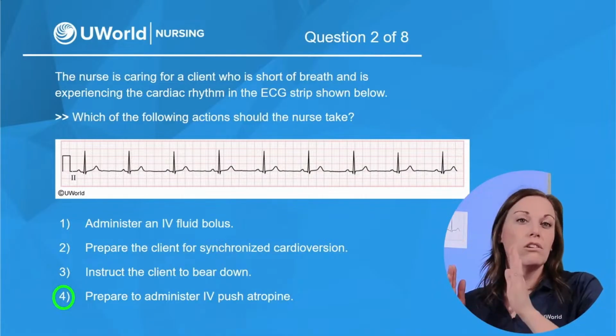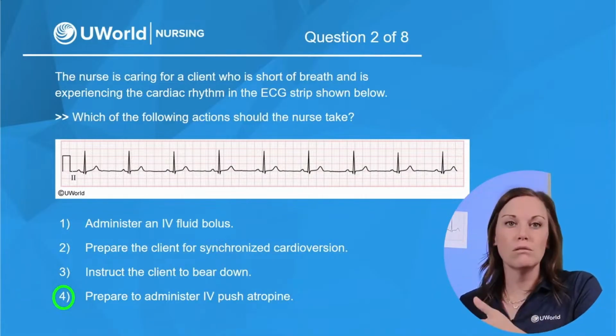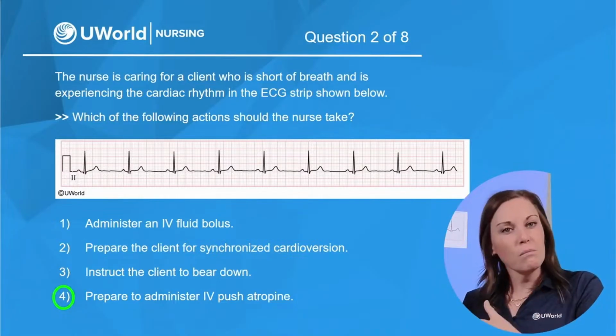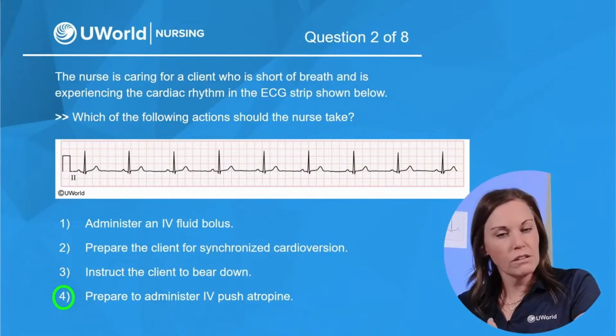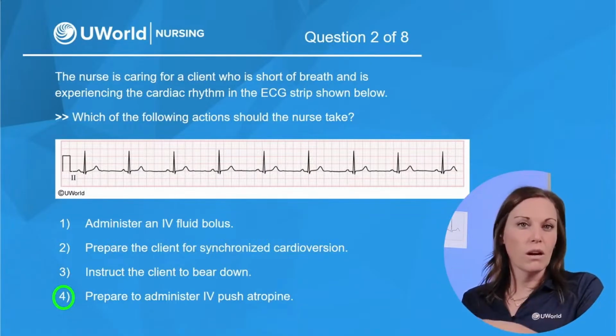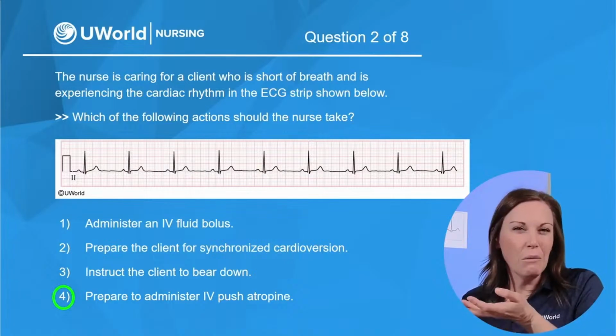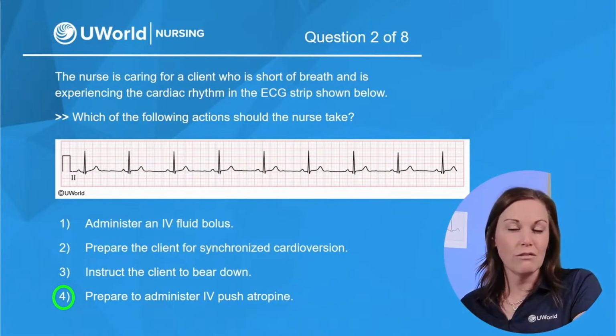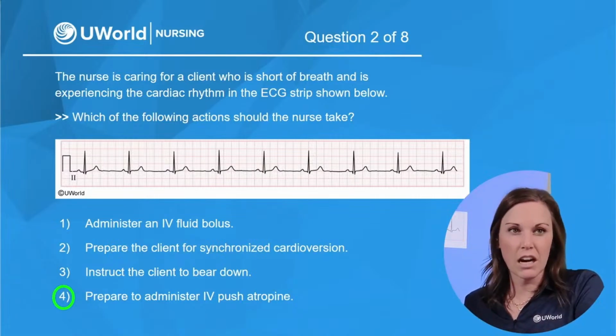That's what that QRS complex shows us pictorially. We need a lot more energy to contract our ventricles because that blood has to go a lot further. So that's what the QRS complex represents. I hope that's helpful. But again, atropine is what we're going to do for this client with sinus bradycardia.